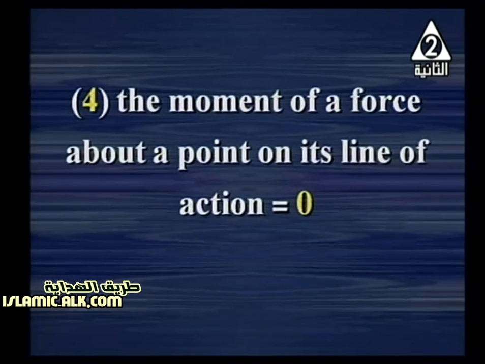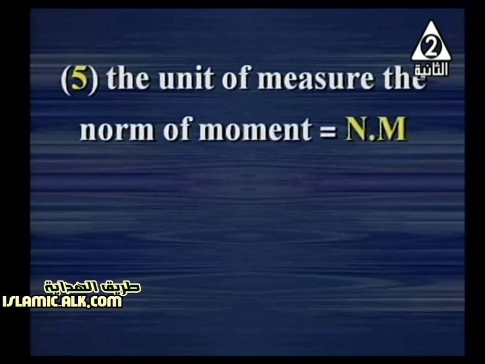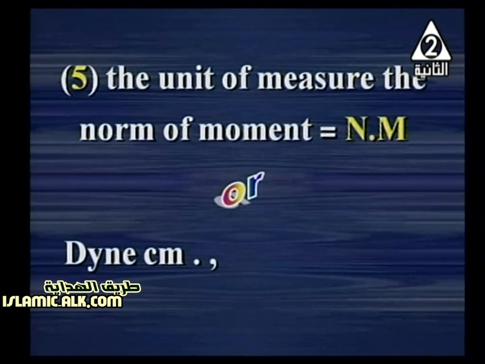Number 5: the unit of measure of the norm of the moment is the Newton meter. What is N? N is Newton, the unit of the force. Meter is the unit of R. Or dyne centimeter.